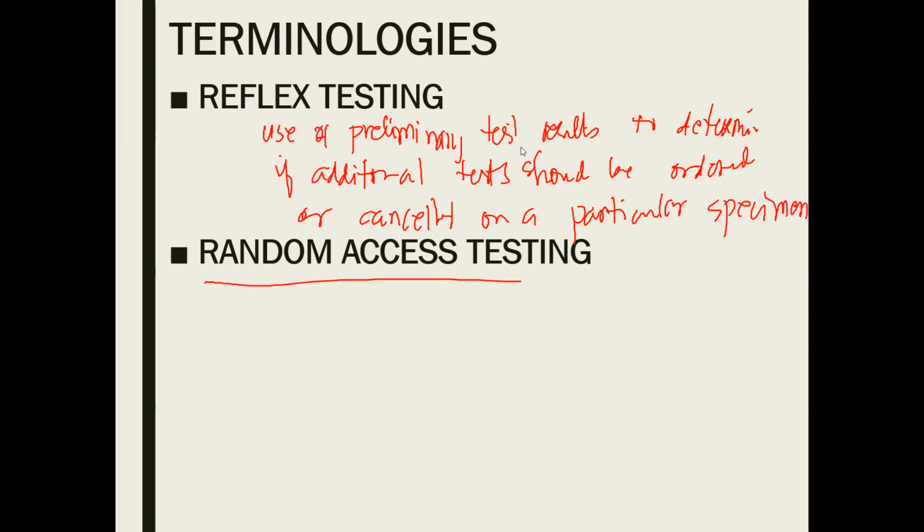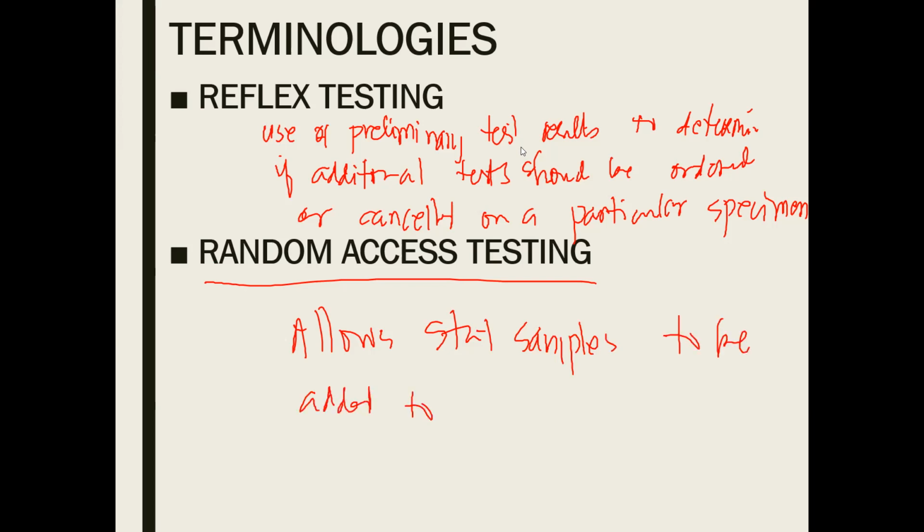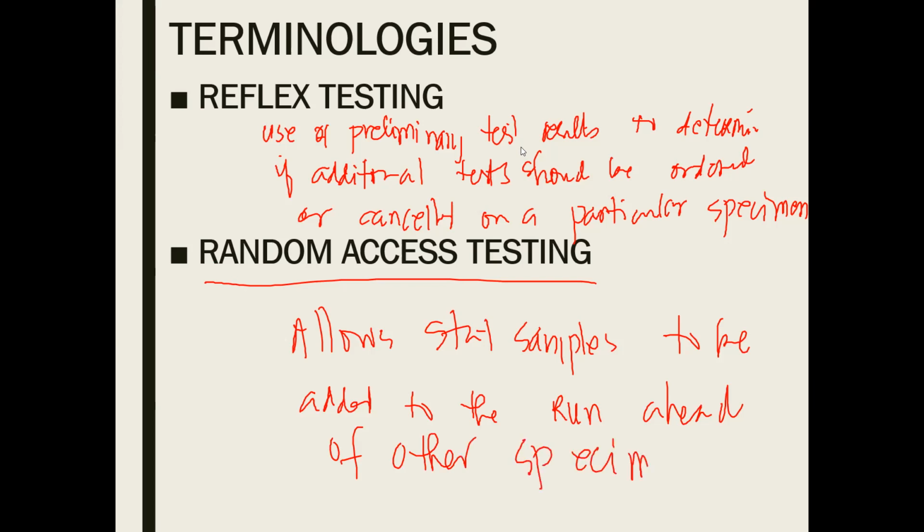Pag naman po sinabi natin random access testing, ito po it allows, kagaya ng sinabi ko sa inyo kanina sa discrete, it allows stat samples to be added to the run ahead of other specimens. Aside from that, any test can be performed on a sample in any given sequence.